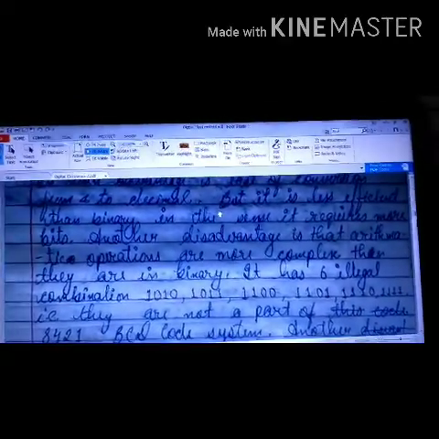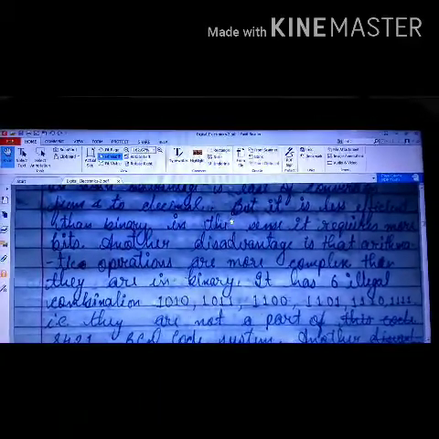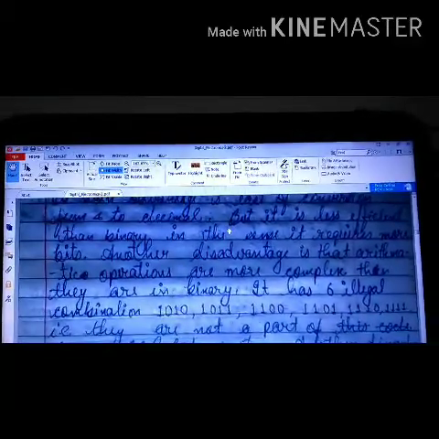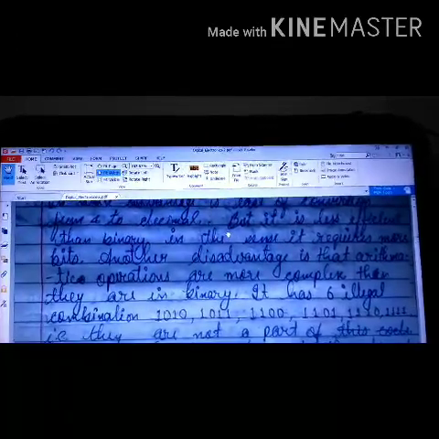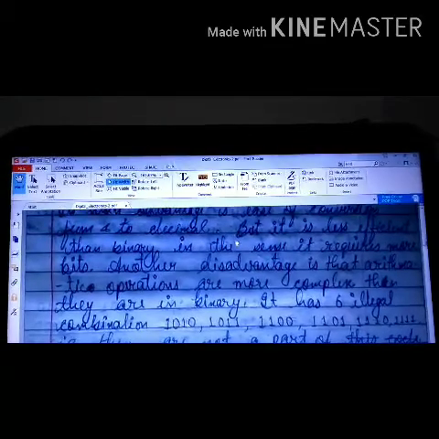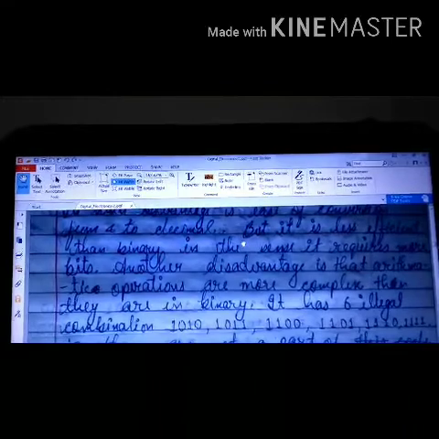Now there are 6 illegal states, because if we are using 4-bit binary, then it can represent 0 to 9 and A to F, different digits. Now only 0 to 9 are legal digits because these are decimal numbers. A to F are part of hexadecimal code, so they are not part of BCD.